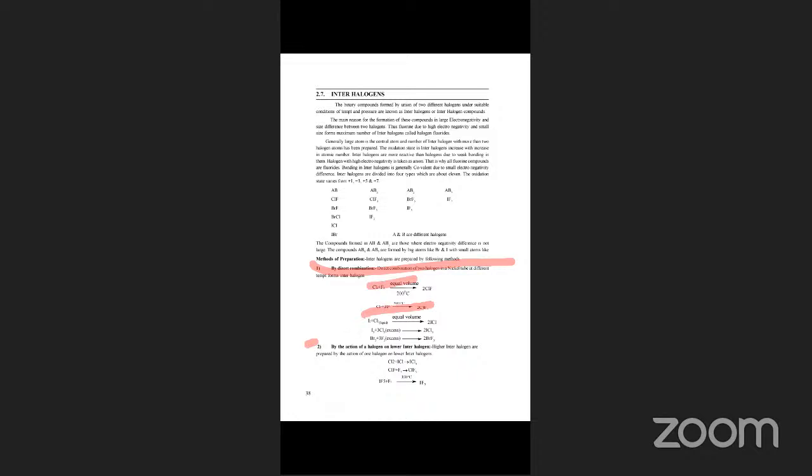Next, higher interhalogens are prepared by the action of a halogen on lower interhalogens. Example: Cl2, chlorine gas, plus ICl, a lower AB type interhalogen, forms ICl3, an AB3 type.